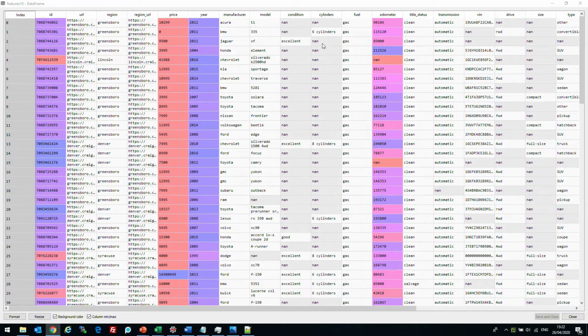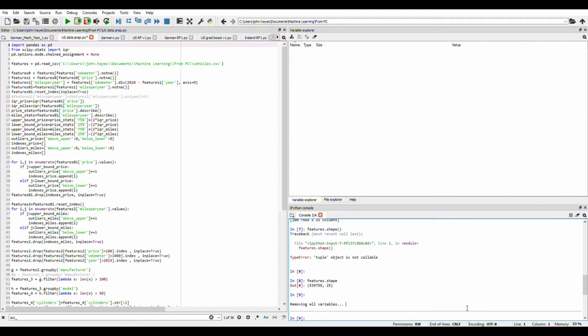It was decided to impute values for some of these categorical variables like cylinders and also type of car where they were missing, based off the manufacturer and model fields. And this had some success, but in other cases it was decided to remove records entirely based off data quality issues. Individual data cleaning scripts were prepared for all 3 datasets.